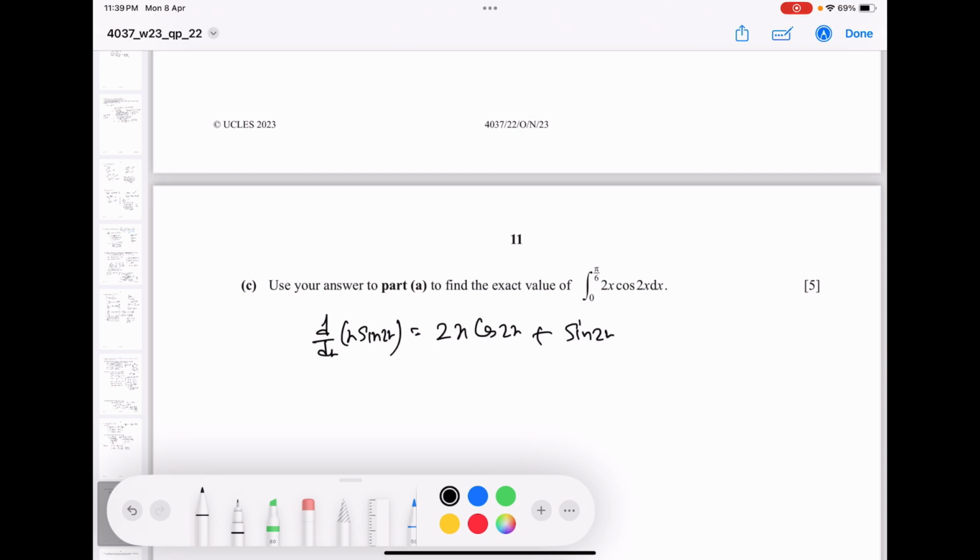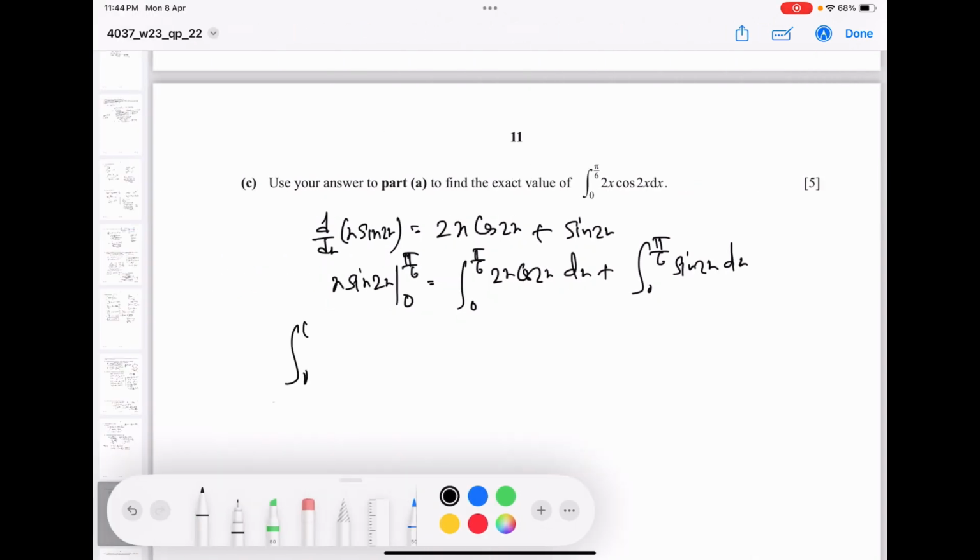Okay, now let us do integration. This d/dx will be cancelled, so that will be as it is, with limits 0 to pi by 6, and there will be the integration sign of 2x cos 2x. So the integral from 0 to pi by 6 of 2x cos 2x dx equals x sin 2x minus the integral of sin 2x dx.